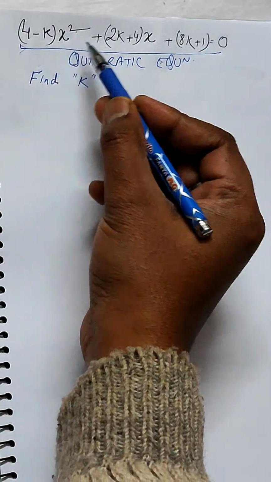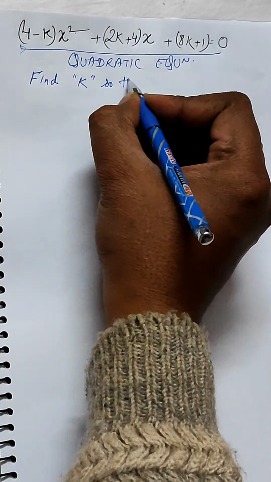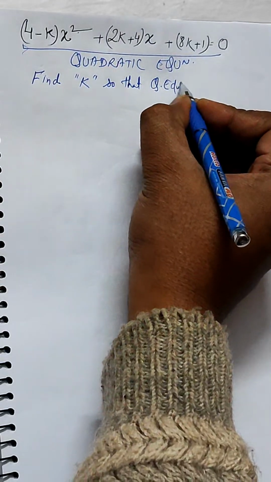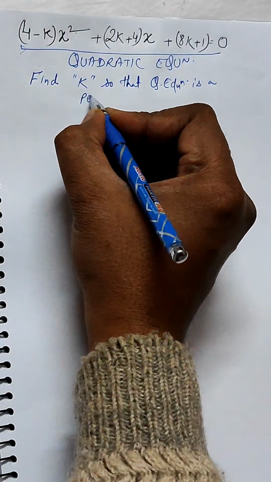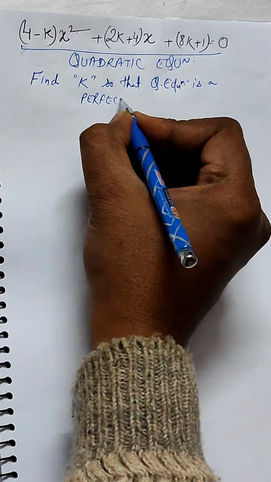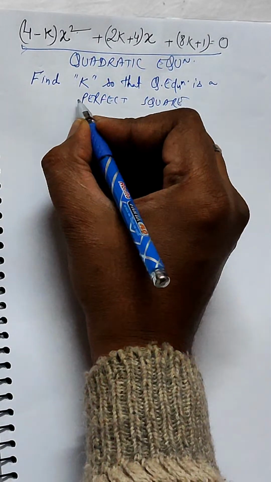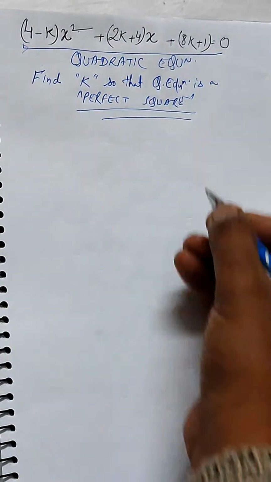Find k so that the above quadratic equation is a perfect square. So for a perfect square, what is the condition?